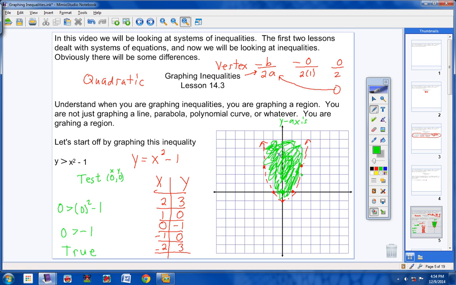It's too close to tell. But you can pick any point you want. The easiest points to use are the points that lie on the y-axis, and the best point of all to use is 0, 0 when you can. So look this over. It's not too hard, but you have to know how to do it.